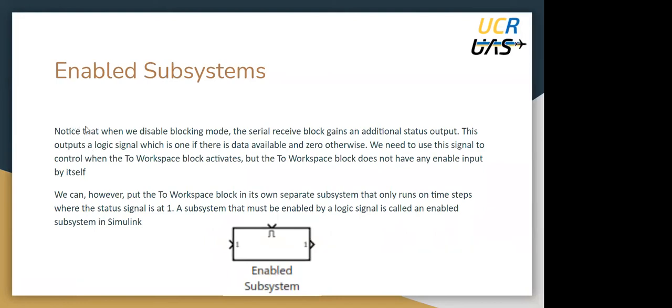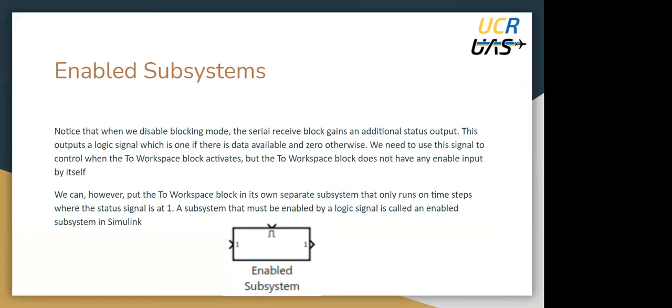You may have noticed that because we have blocking mode disabled, the serial receive block had an additional status output to go along with its data output. This outputs a logic signal, which is 1 if there's data available and 0 otherwise.